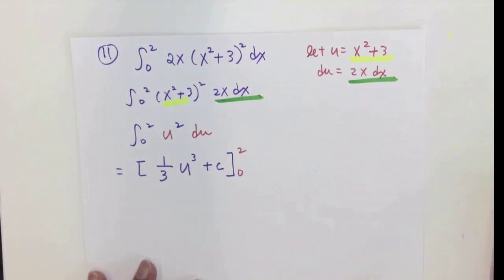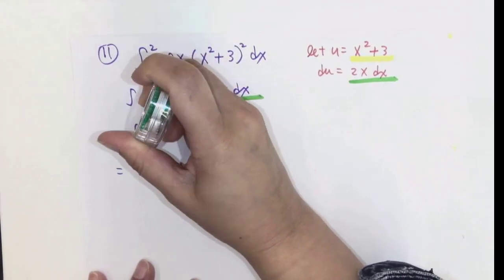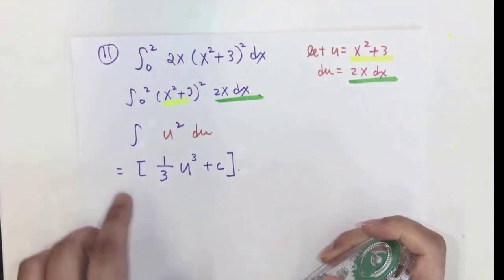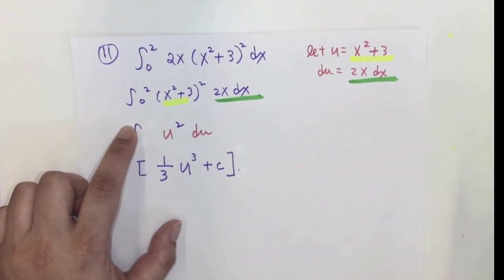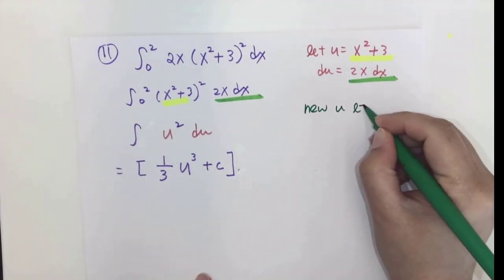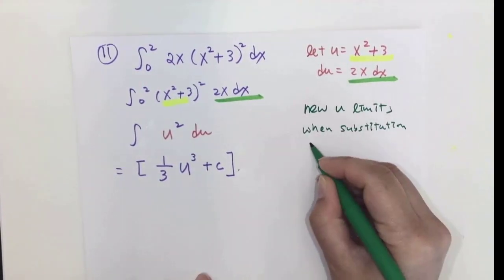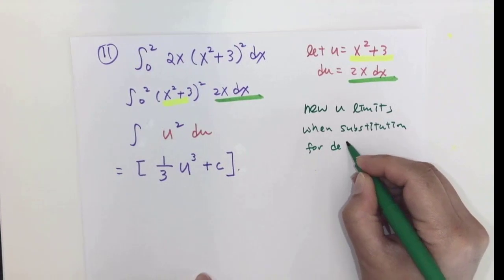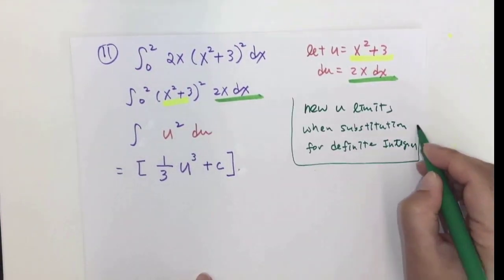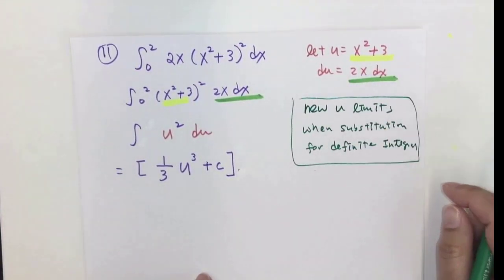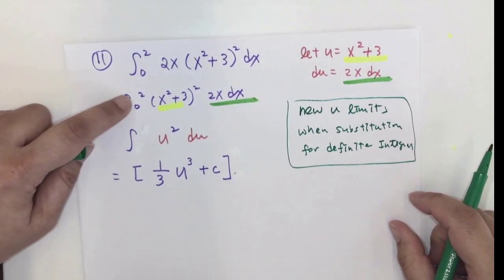Oh, I have a problem. I forgot one thing. I did the u, right? And then I have upper and lower limits, so I'm going to need a new u limit when we do that. So I'm going to need the new u limit when you do substitutions for the definite integral. Substitution means when you use u, right? The definite integral means you have upper and lower limits.